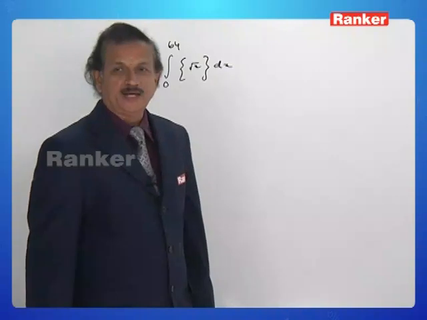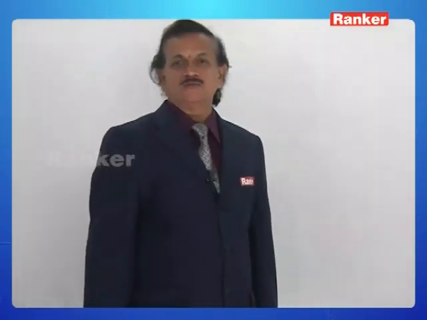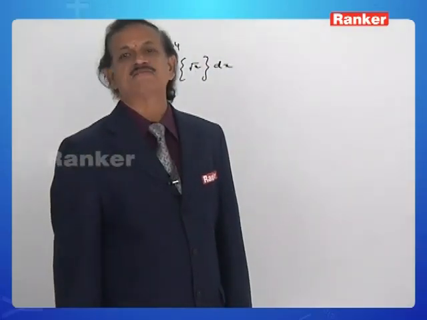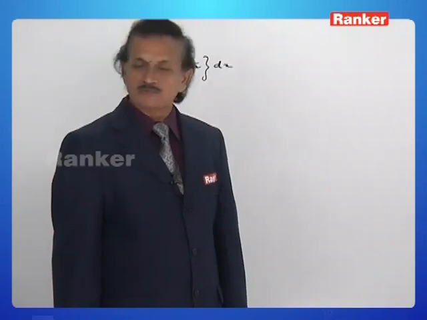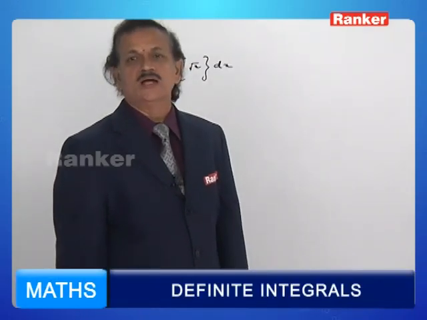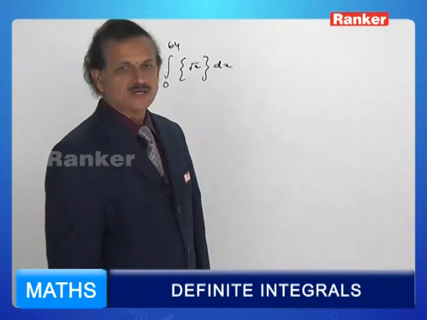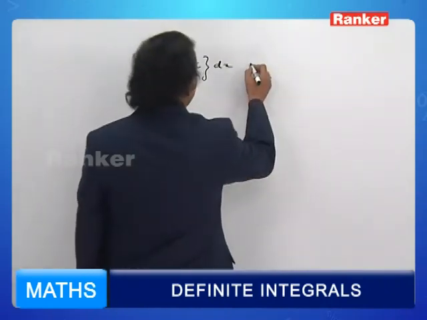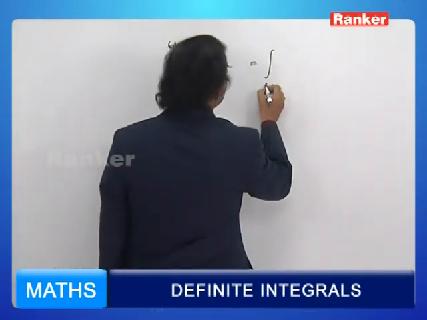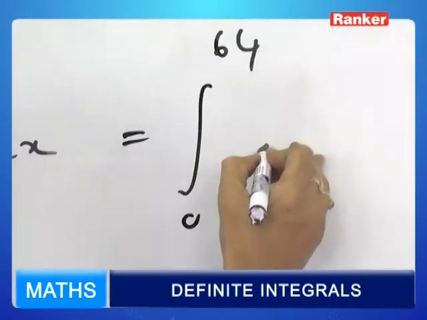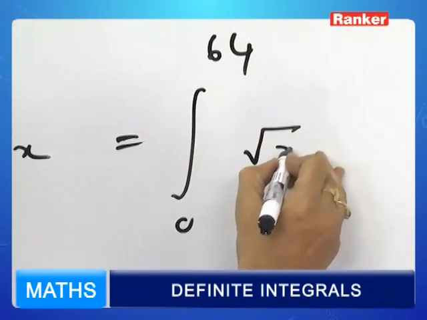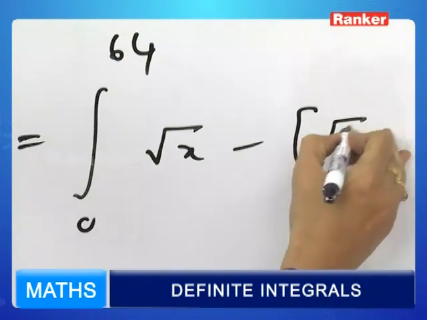Even in the previous question, we could have made use of the definition of fractional part. The fractional part of any x is of course x minus the integral part of x. Basing on that, we will be able to write this step as integral 0 to 64 of root x minus the integral part of root x dx.